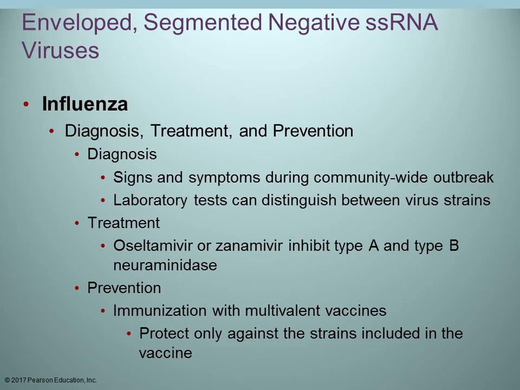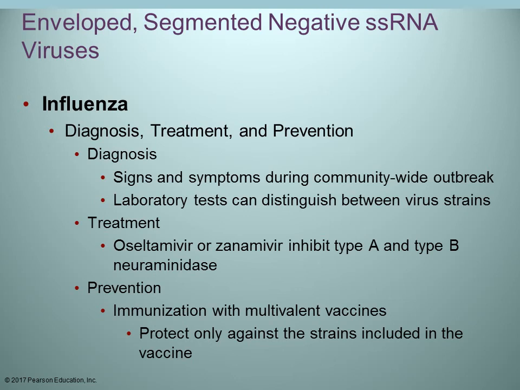Not in the fall, they'll look at the spring, because mutations may have occurred between, say, October and March. So they look at the most prevalent strains in the spring, and then members of the CDC here in the US discuss this with counterparts in Europe and Asia and South America, etc. And they try to determine, okay, these are the top 3 strains. That's what we will use to produce the vaccine for the following fall.